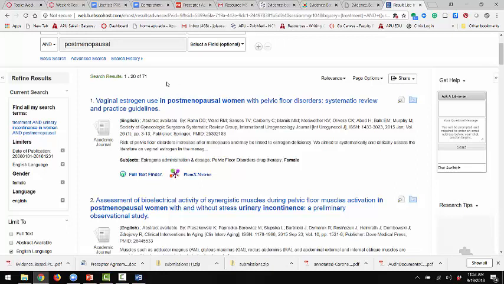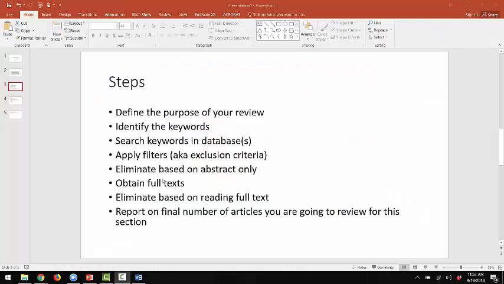So after you get these 71, you're going through and you're eliminating those. You're not excluding them anymore. You're eliminating them because they don't meet the needs. Okay? So when you get down to what you have left, you're going to report on the final number of articles you have to review for this section.